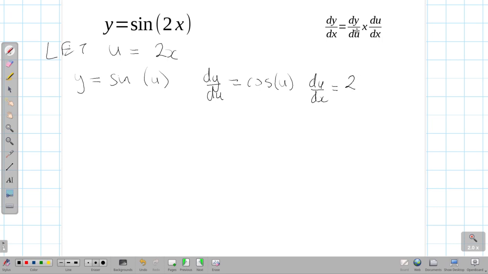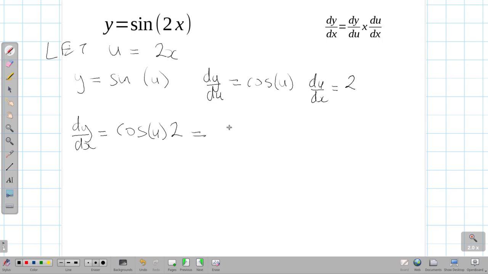So I'll bring them back together as the formula states, and we now have dy over dx equals cos of u times 2.